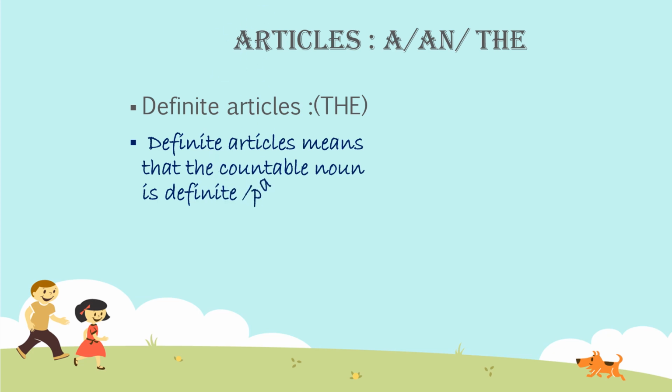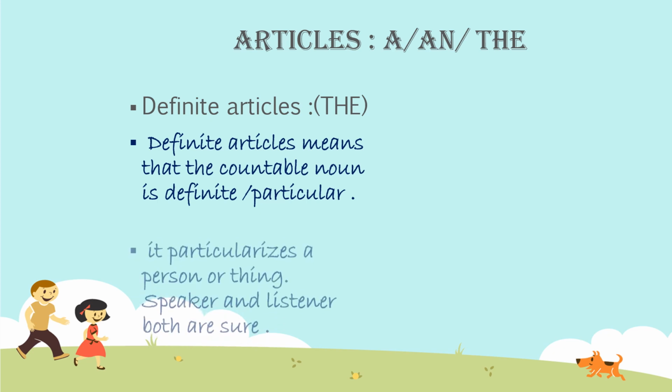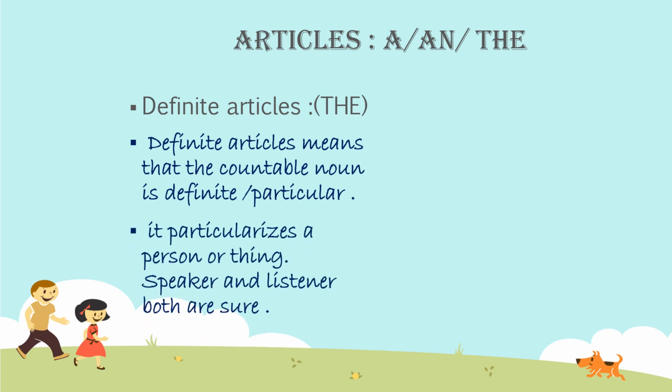But in case of indefinite articles, they are not sure. By using the, we are just particularizing a person or a thing. Here, the speaker and the listener both are sure.